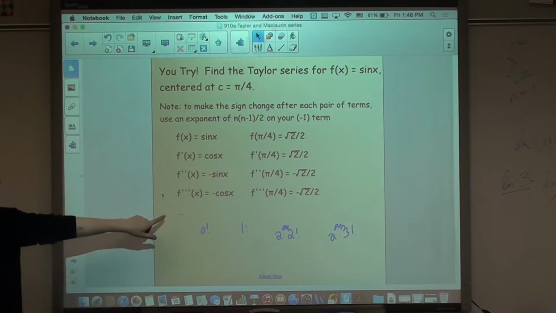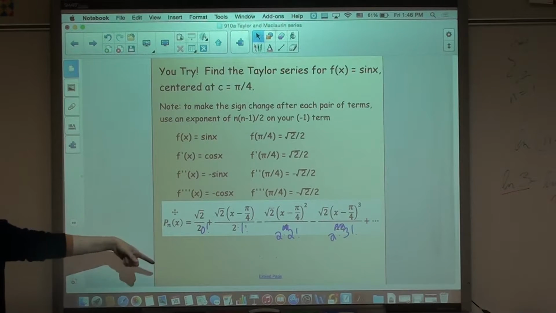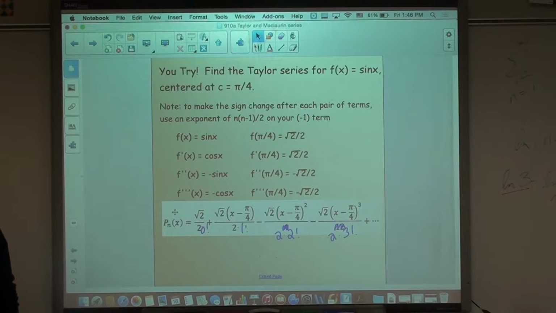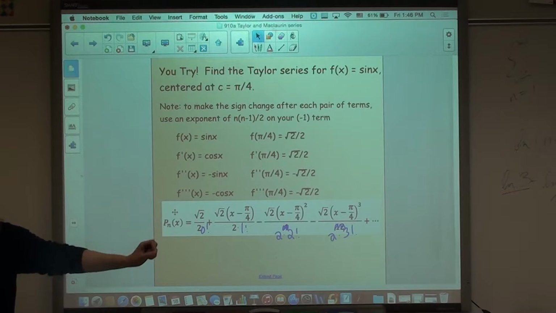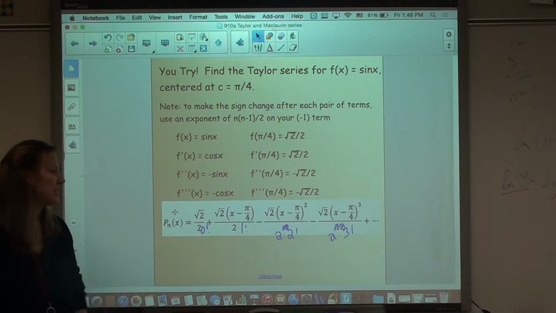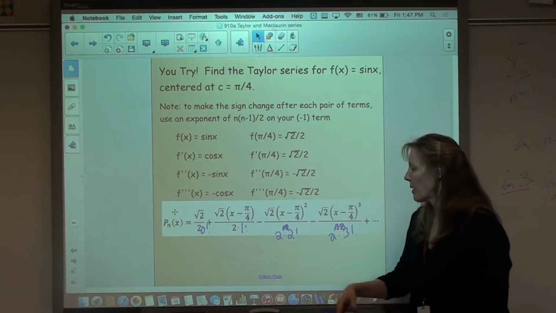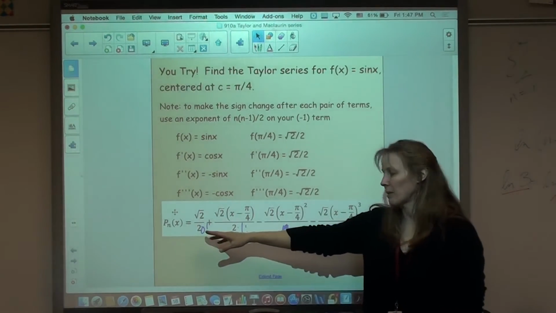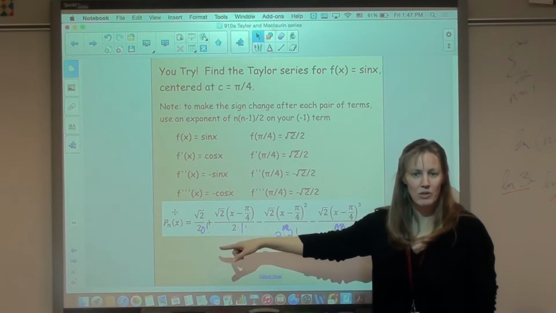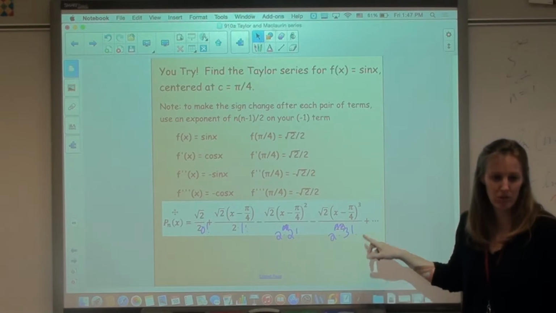So you get a little problem when you write it out as a polynomial. It's not a problem here, but to convert to a series, making signs go positive, positive, negative, negative is tricky, right? So one of the things that I did, I multiplied out my denominators, but nothing cancels, so it's probably easier if you keep it separated and you have 2 times 0 factorial, 2 times 1 factorial, 2 times 2 factorial, 2 times 3 factorial, and so forth, right?